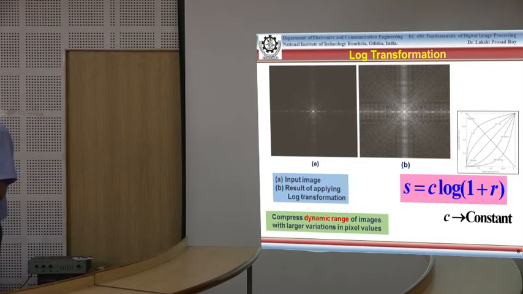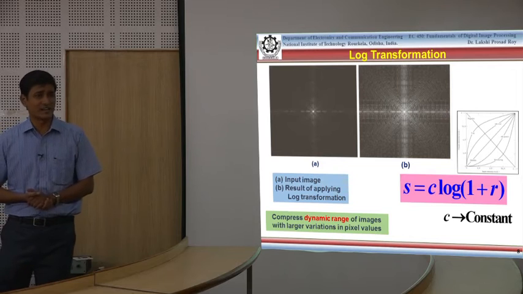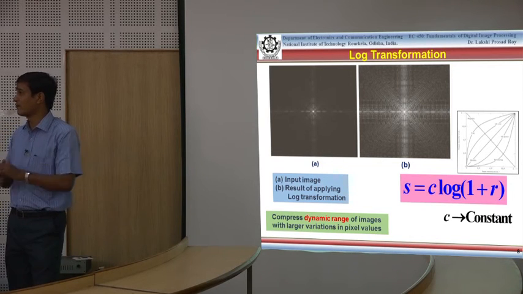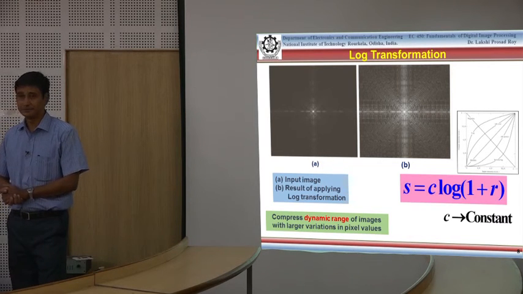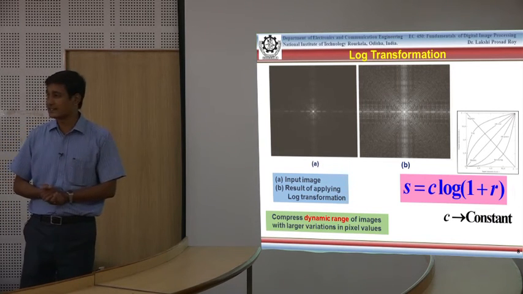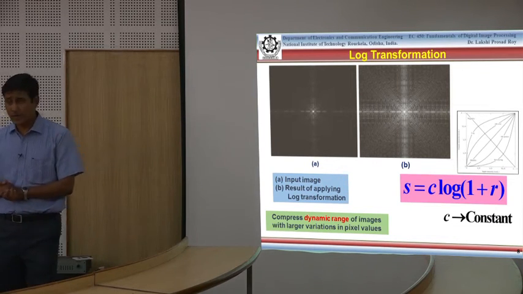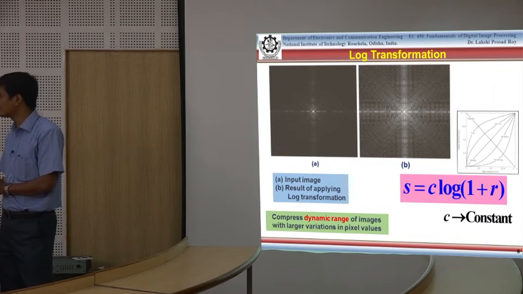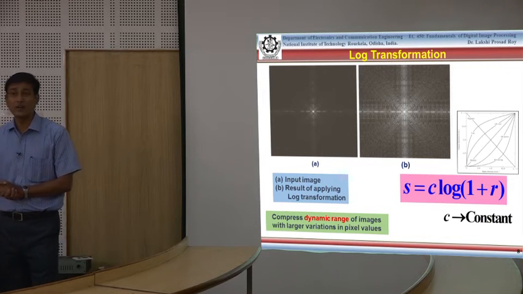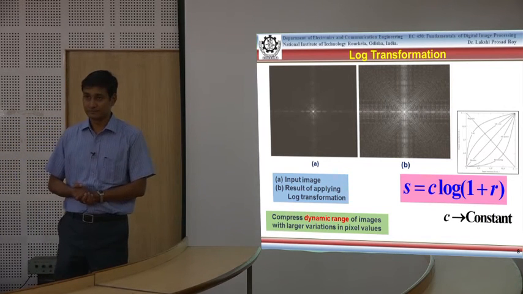Other than the horizontal and vertical axes, the remaining places are almost dark when you move far away from the center. It was appearing to you this way, but somebody has said no, actually the information is lying in the minute variation of the smaller intensity values or smaller gray values. So, I want those to be extrapolated or that portion enhanced.